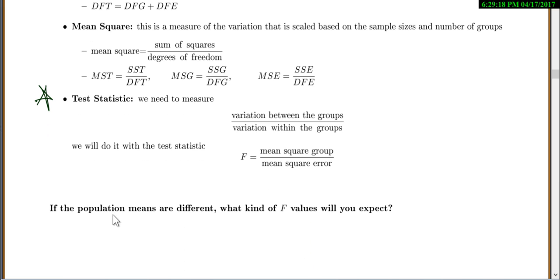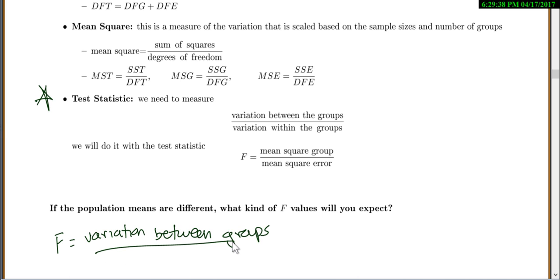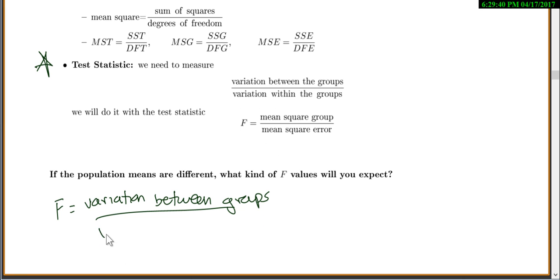So I want us to figure out if the population means are different, what kind of F values would you expect? So again, F is equal to variation between groups over variation within groups.